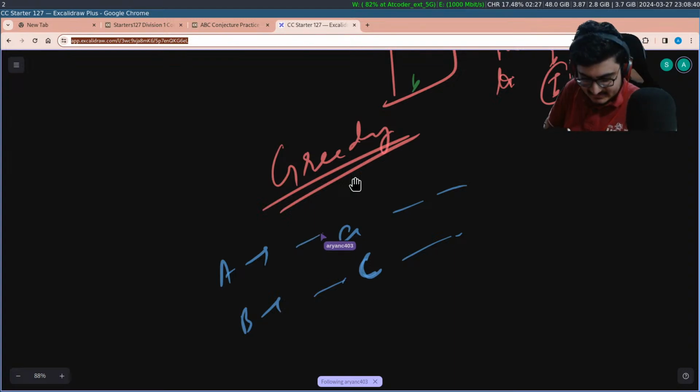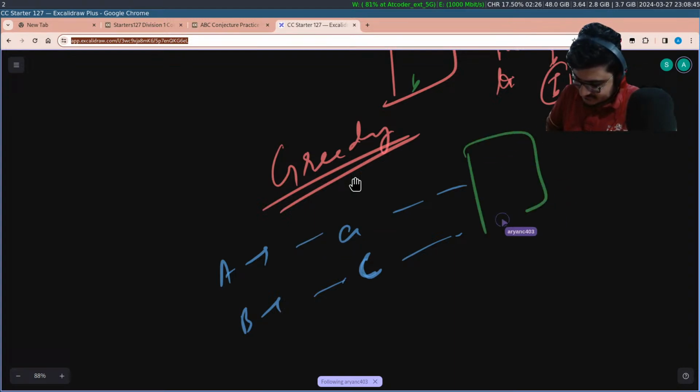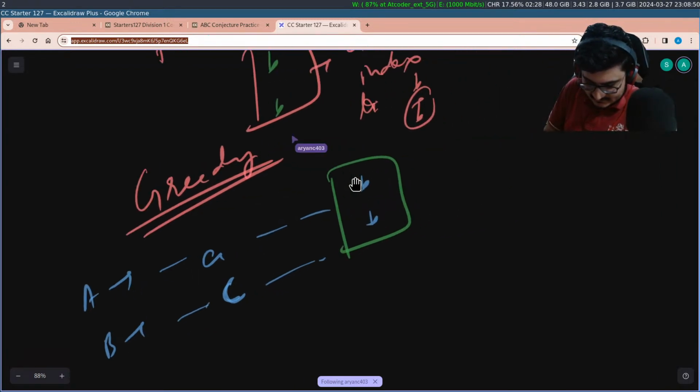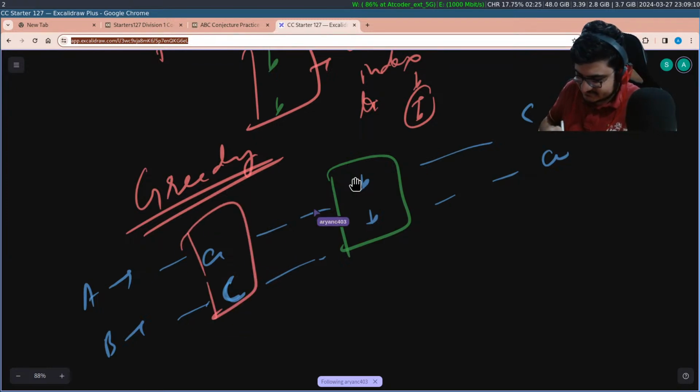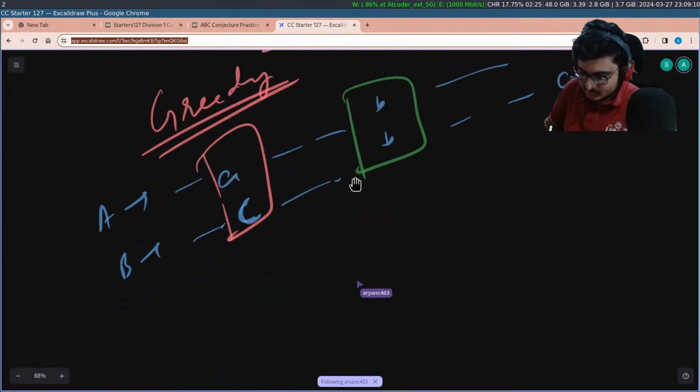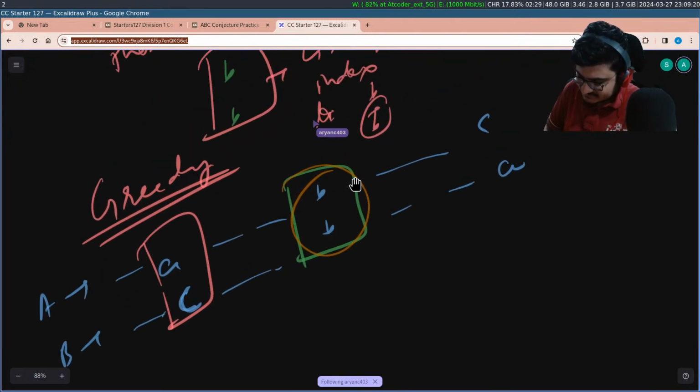If you put these in a set, you can find the first index where BB appears, find the smallest index just after it where BB appears, and then after this find the smallest index where CA appears. You can use set lower bound: if you have all these three lists in a set, then you can use the lower bound function to find this BB here, and then use the lower bound function on the third set to find this CA.